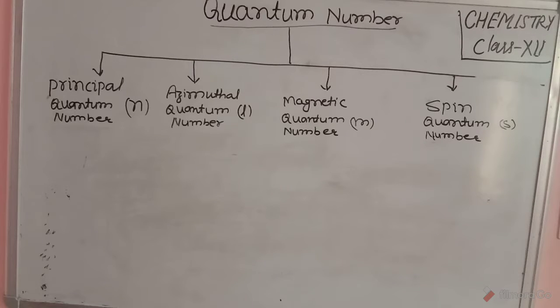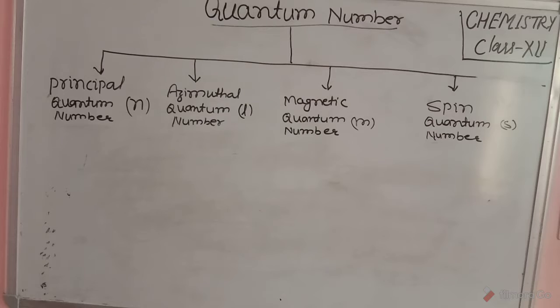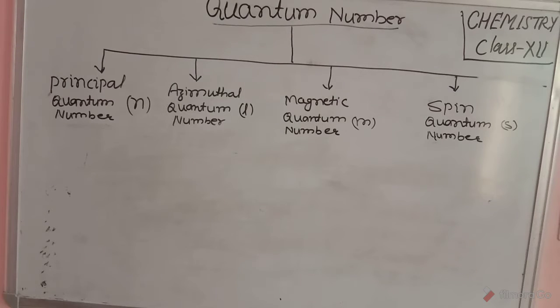Today I am discussing a topic that is quantum number. So before knowing the quantum number, I am giving an example. Just as to search a particular person in this world, four things are needed.